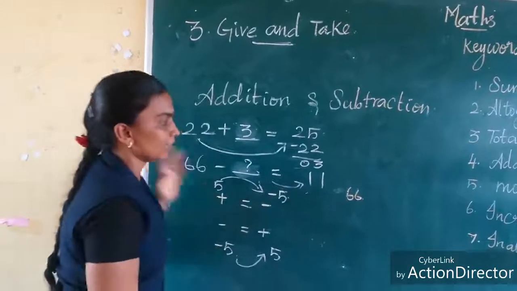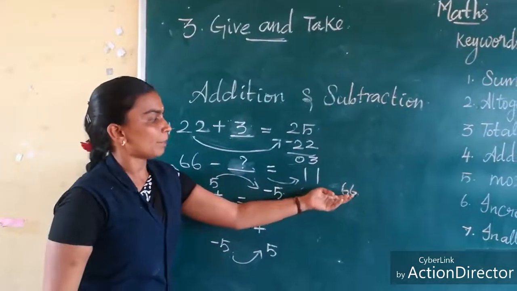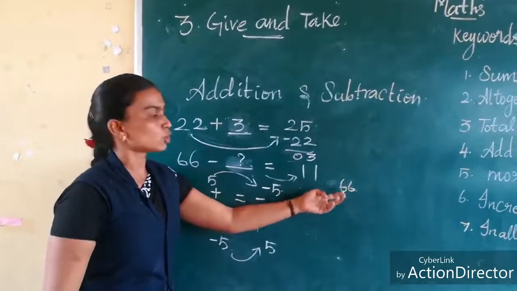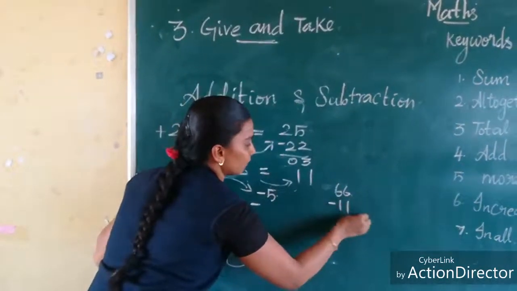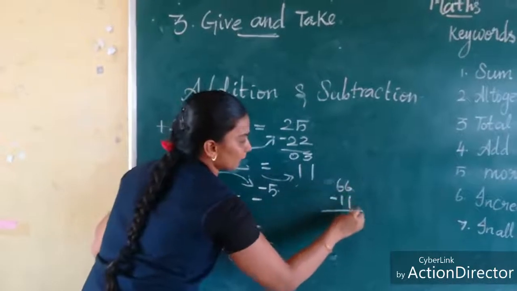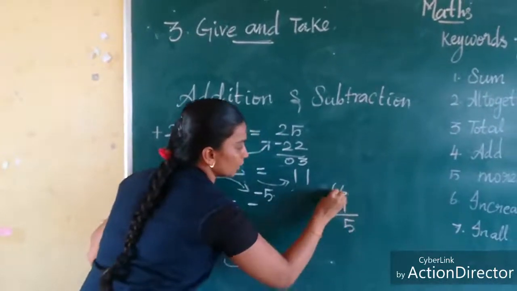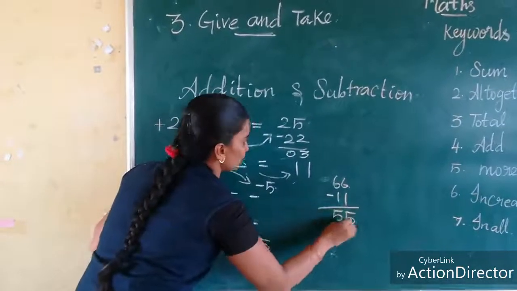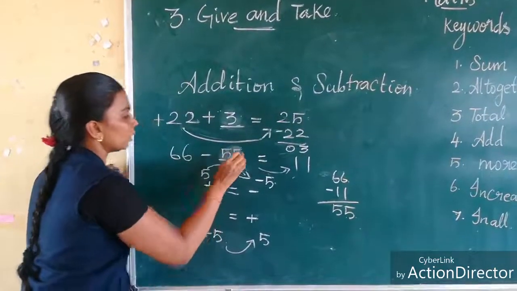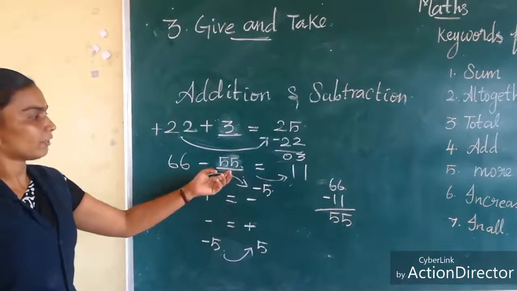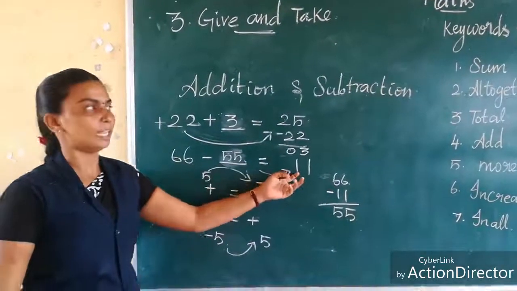In subtraction, we have to subtract the smaller number from the bigger number. So first you write 66, next you write 11. If we subtract, 6 minus 1 is 5. Here also 6 minus 1, 5. So what is the answer? 55. So 66 minus 55 is equal to 11.